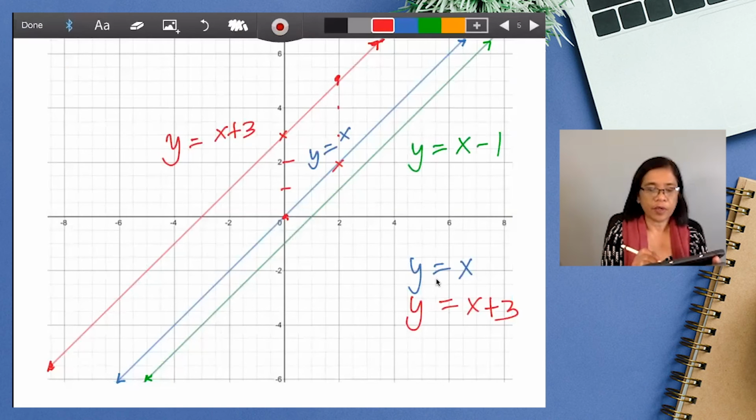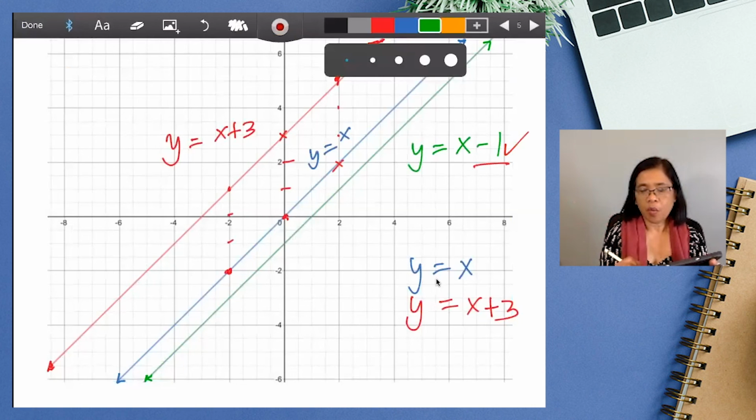So take another point down here on this blue line. 1, 2, 3. So any point on the blue line will be moved 3 units up. In the same manner, when you have y equals x minus 1, any point on the parent function y is equal to x will be moved 1 unit down.